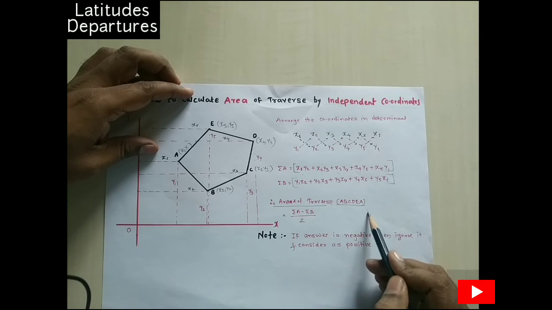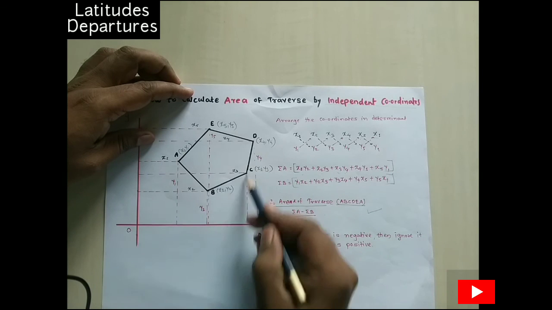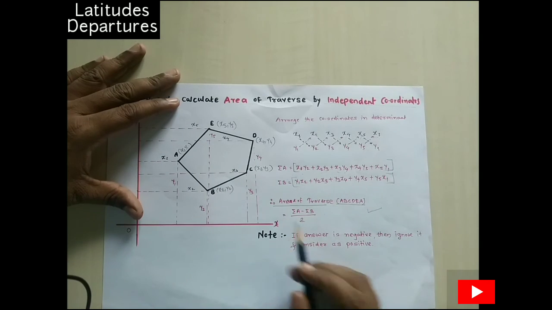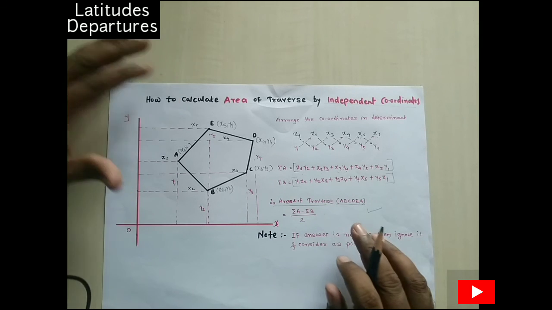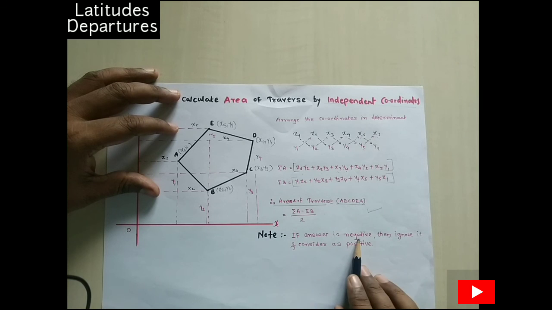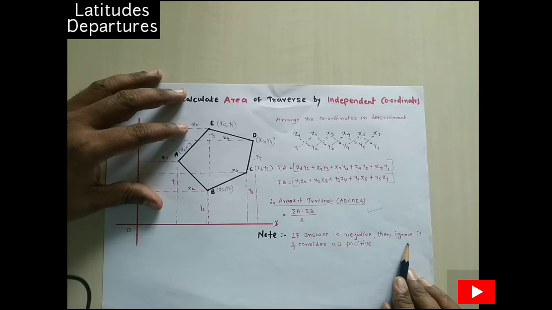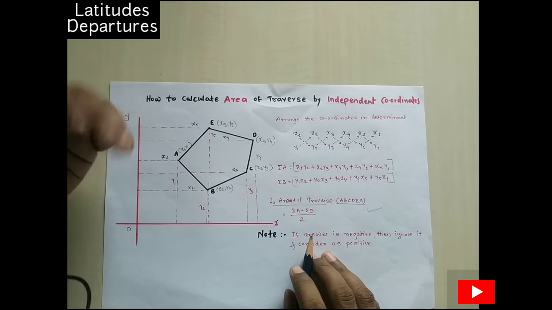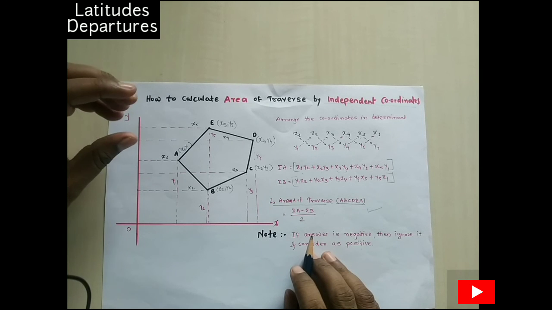Just use this formula and you will get the area of the traverse. Sometimes the area will come out negative. If the answer is negative, then you have to ignore the sign and consider it positive, and you need to mention the area of the traverse in square meters or square feet, whatever unit is given in the problem.